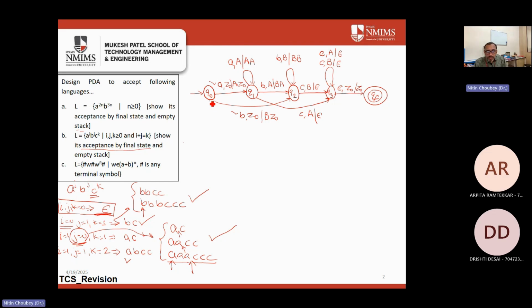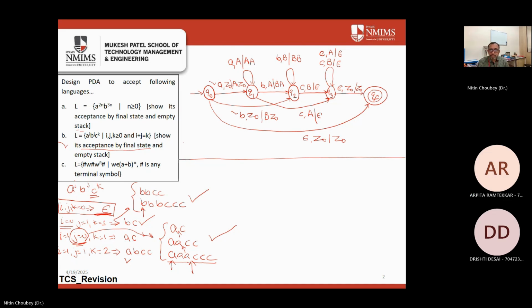So ultimately that scene is like this, wherein we are directly going from Q0 to QF: epsilon comma Z0 gives Z0. So this is the transition diagram for case number B. Any questions on this?